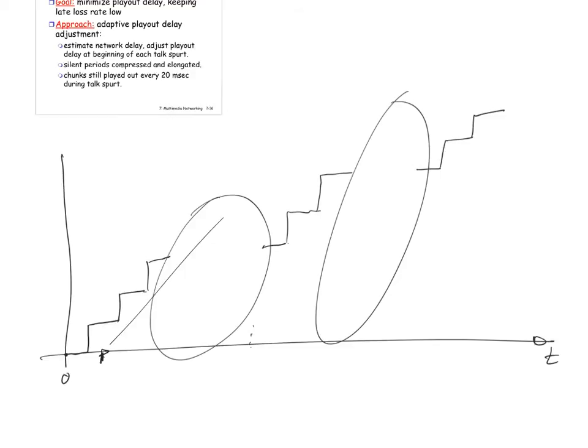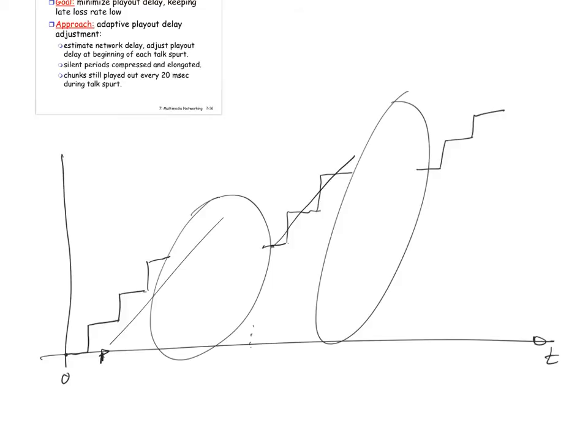But at the same time, while I'm playing, I'm actually doing some network measurements. And then here, maybe I can use a little bit more aggressive delay. So I will maybe select one which is here, okay, based on some network measurements.